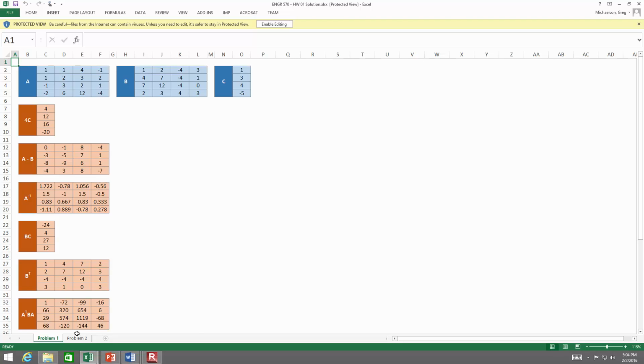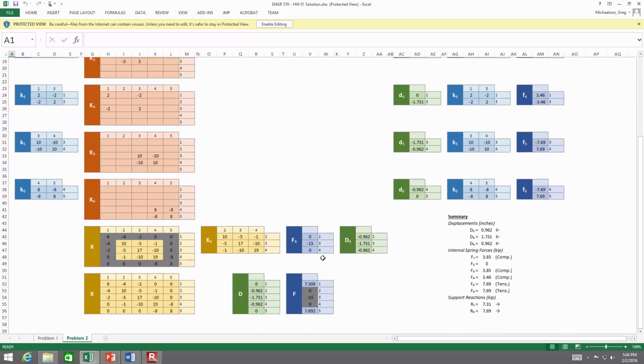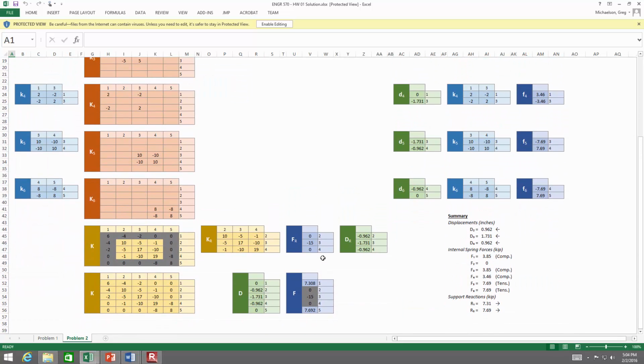And then for problem 2, the only point that I would make is I think just about everybody in here had the right idea behind what was going on. I'm not going to walk through the entire problem step by step because I think the summary sheets that I've given you give you the overall picture of what you did right or wrong.